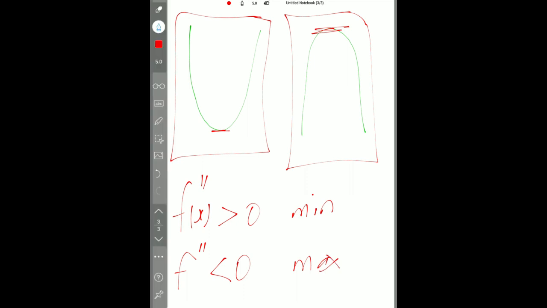So we looked at the first derivative being greater than, less than, or equal to 0. And we looked at the second derivative being greater than and less than 0. Now, just to point out, there's one last application that we left out, and that's the second derivative being equal to 0. So let's say here we have this curve on the Cartesian plane.